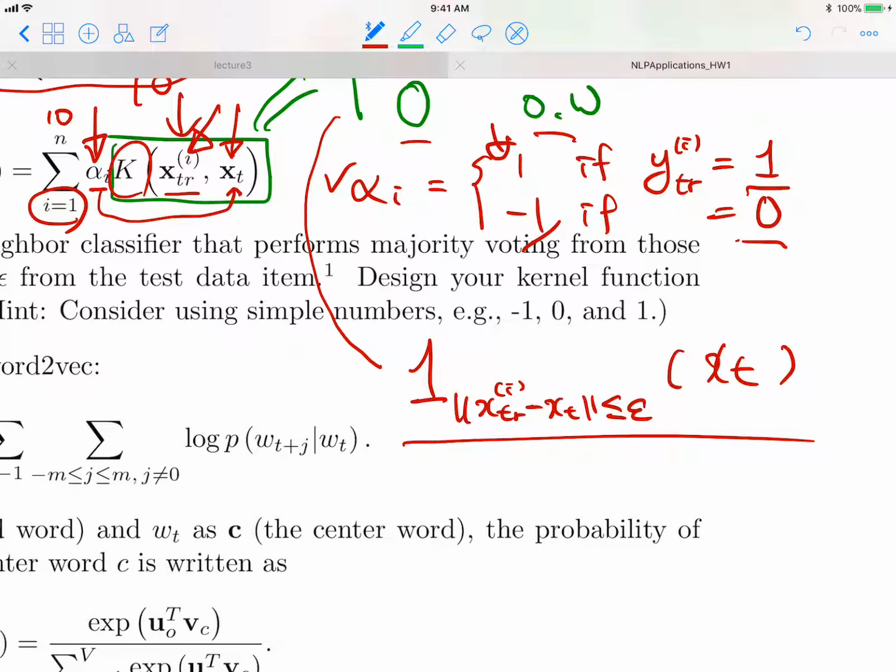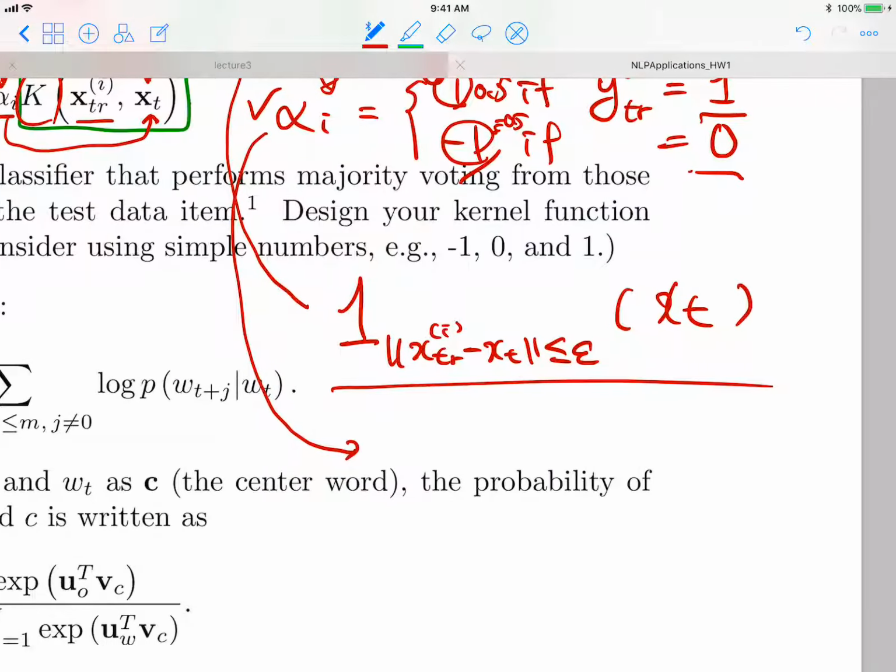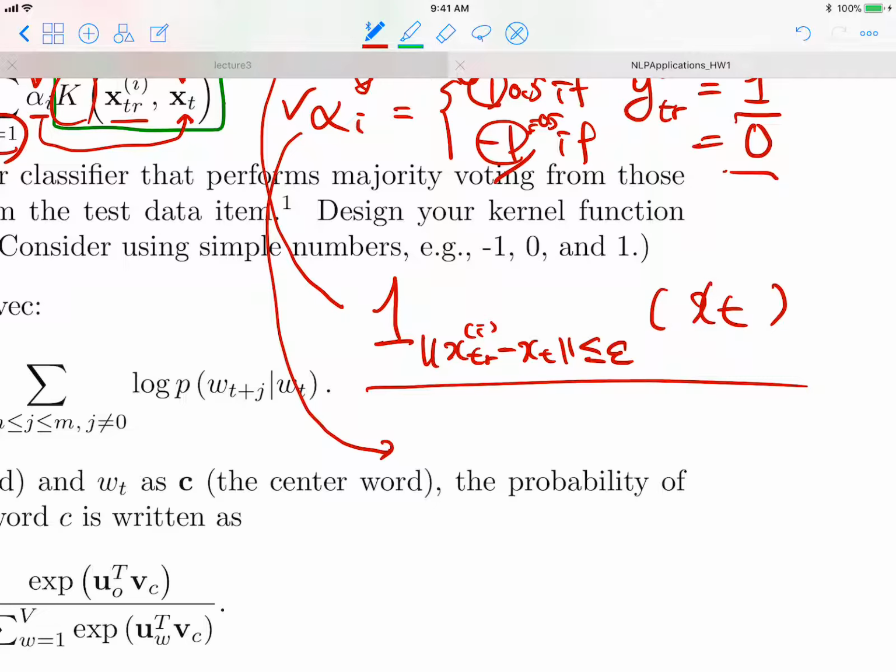And then we can also represent these alpha i's in a more elegant manner. This is not a unique answer, by the way. If this one is 0.5 and this one is negative 0.5, it will be the same, right? You get the idea. It doesn't lose any generality.